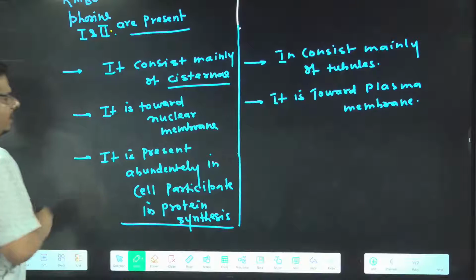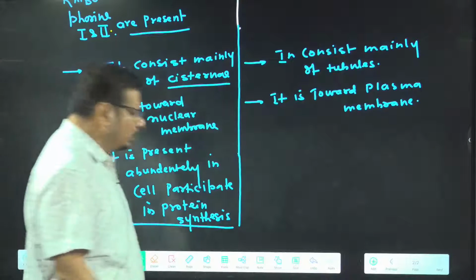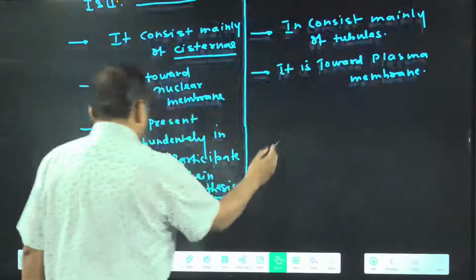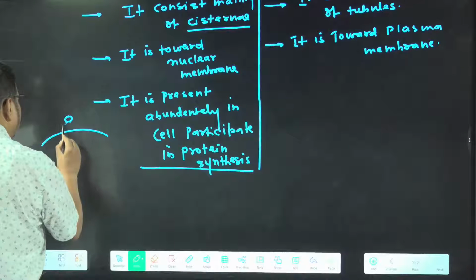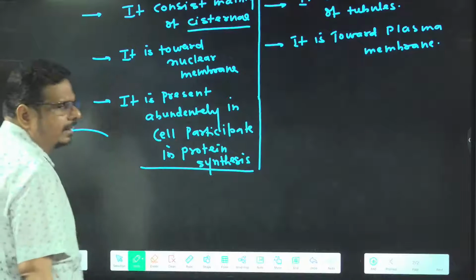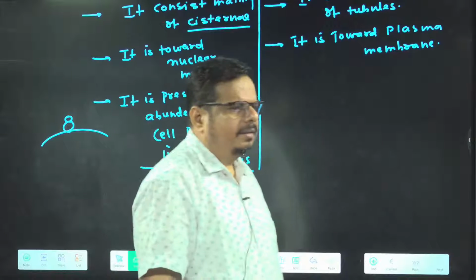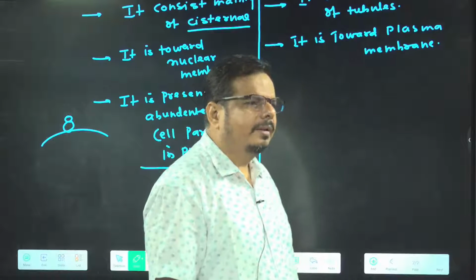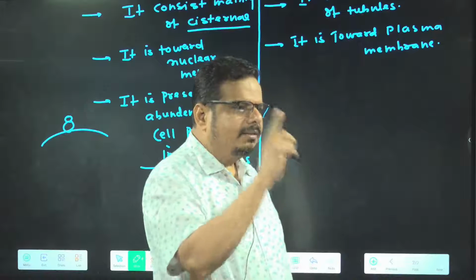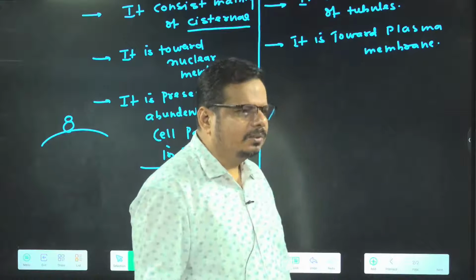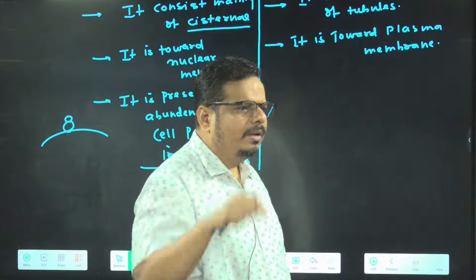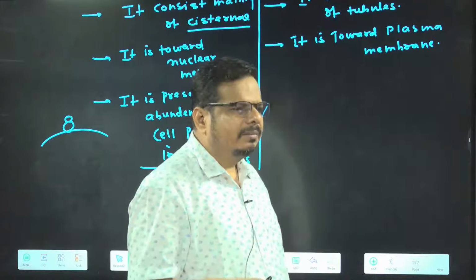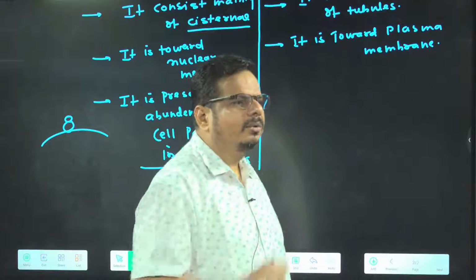Rough endoplasmic reticulum. Because you better know, ribosome is present on its surface. And ribosome is called the protein factory. So protein synthesis occurs on ribosome. Protein synthesis does not occur on ER, don't confuse. If someone asks you a question, protein synthesis occurs on ribosome or ER, what answer will you give? Ribosome, not ER.